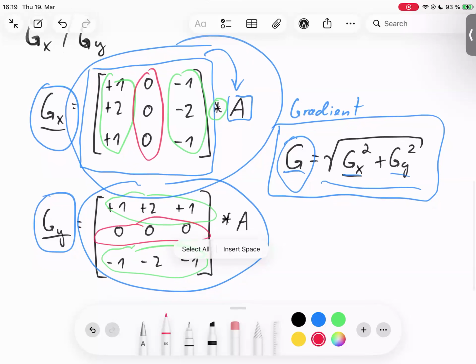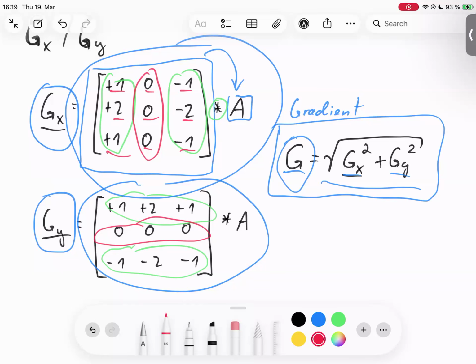There's a good reason for this, because what I want is the change from left to right around this pixel. So there's nothing. So this is my pixel. And if I want to see how it changes from left to right, I don't need my pixel and I don't need the pixel above and below, but I put a +2 and a -2 here because I say to the left and right of the pixel, this is more important than up or down, but I still look at a bigger neighborhood than just left and right.